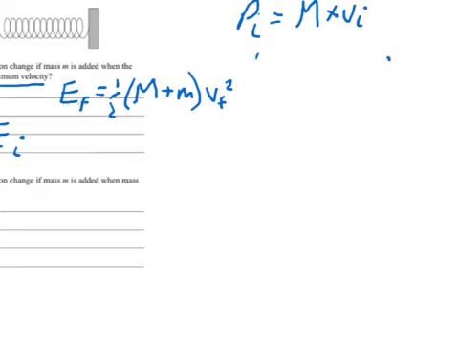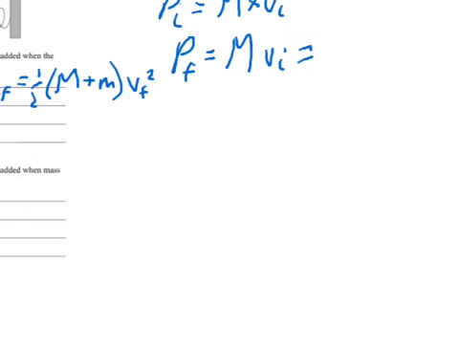The final momentum, Pf, has to equal the initial momentum, capital M times Vi, but it also equals (big M plus little m) times the final velocity.